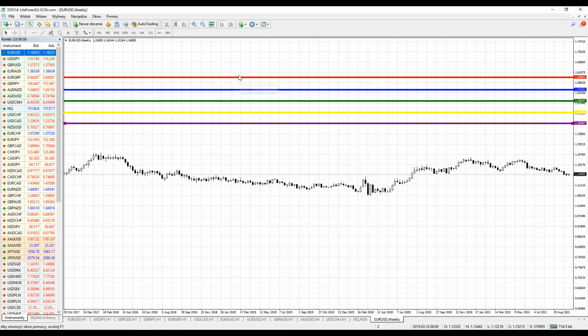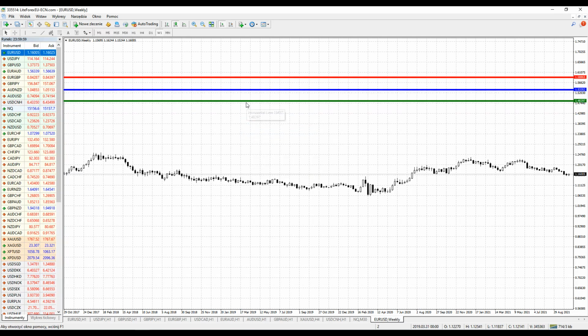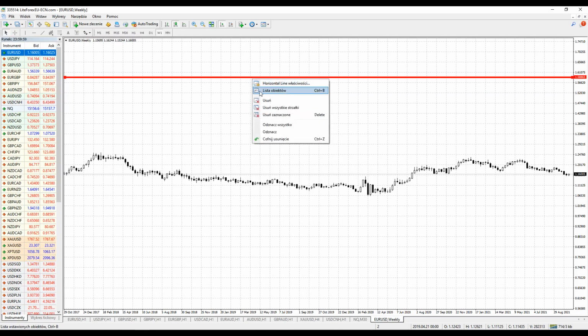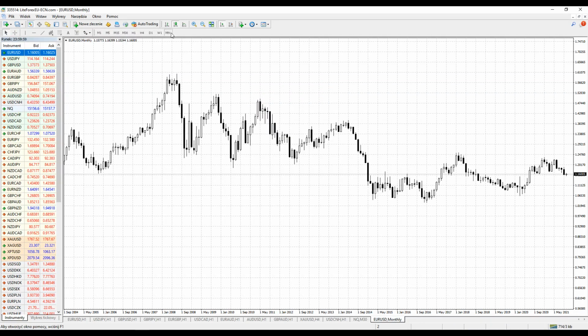So that's the basic stuff. If you want to have clean charts, that's what you should do. You should make a difference between the lines from the different time frames, right? That's very important. That's point number one. Then again, I'm not going to use indicators, but that could be your filter, right?